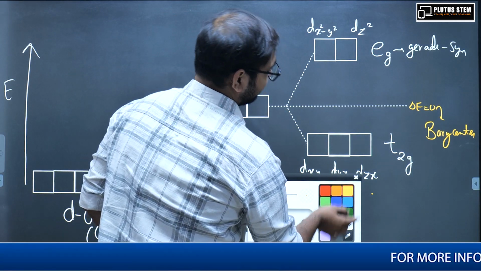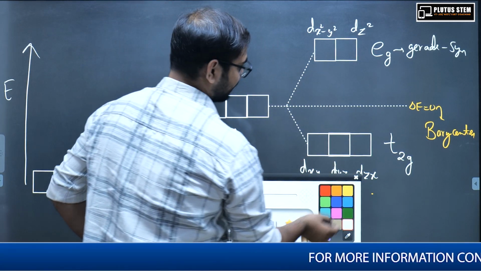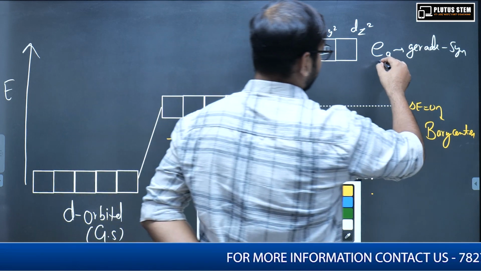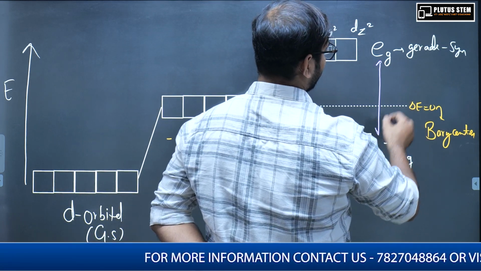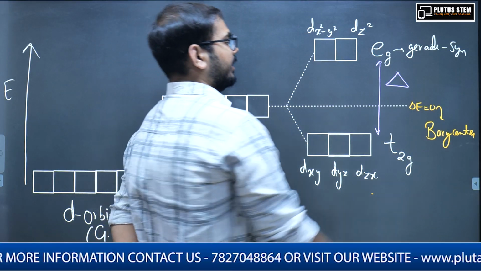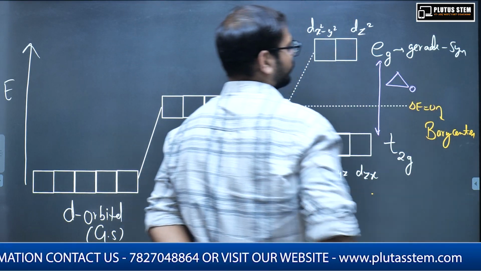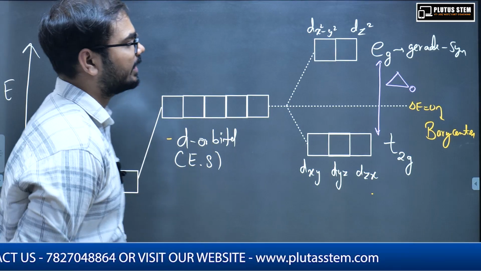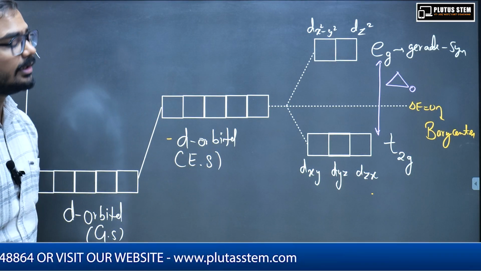Along this energy center, we need to know how much they are being stabilized. This entire difference of energy is called the crystal field splitting, and based on the geometry, it can have O referring to octahedral, T referring to tetrahedral, and when you are dealing with square planar, it will be del SP.